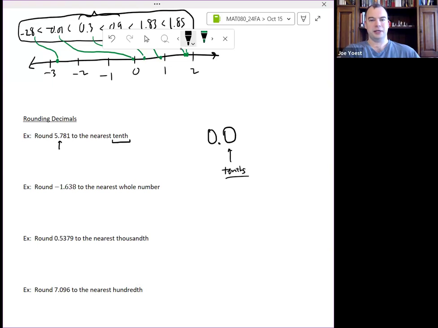So I find the tenths place. That's where the 7 is located. Kind of drew that arrow a little funky there. Let me draw it a little better. The tenths place is where the 7 is located. I look at the one number to the right of that, and I say, well, I'm interested in the number 8. Since 8 is bigger than or equal to 5, I round up.